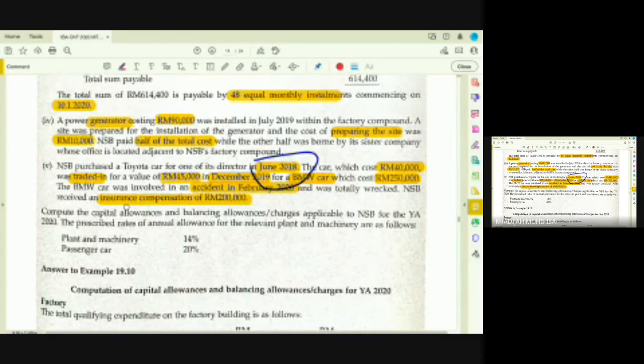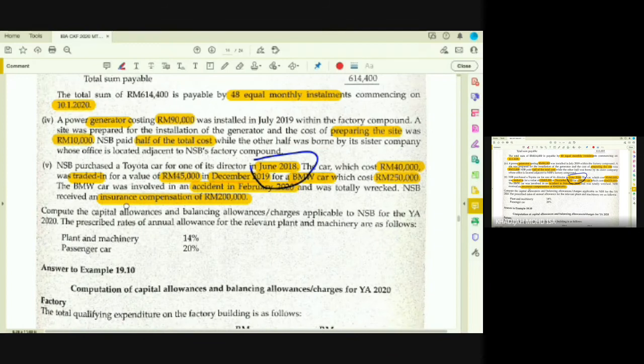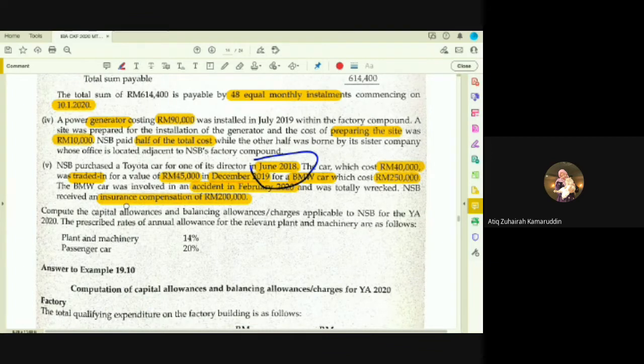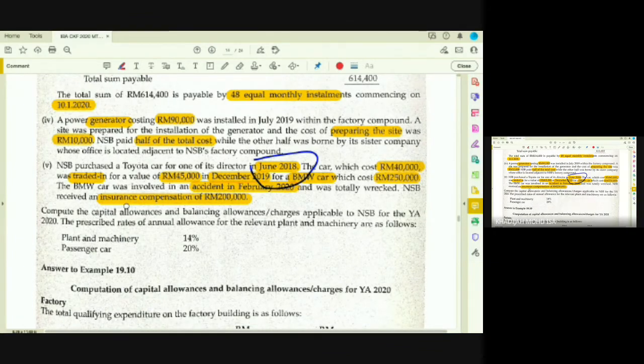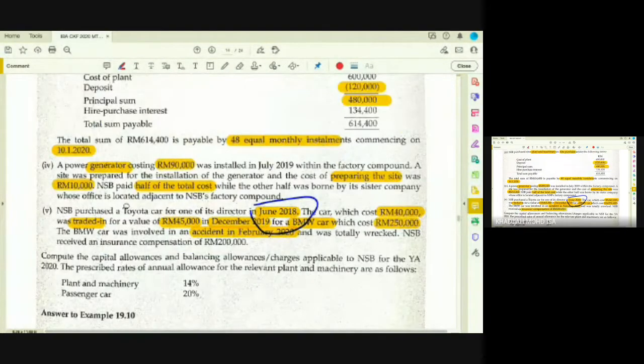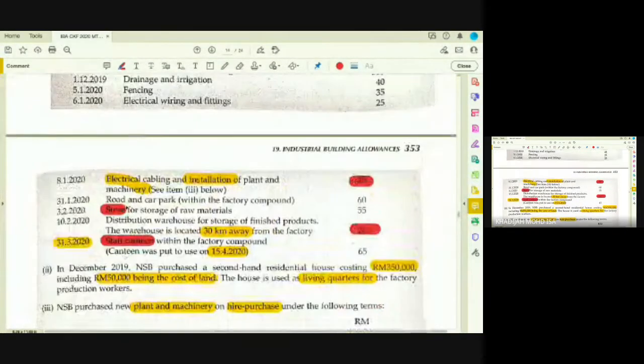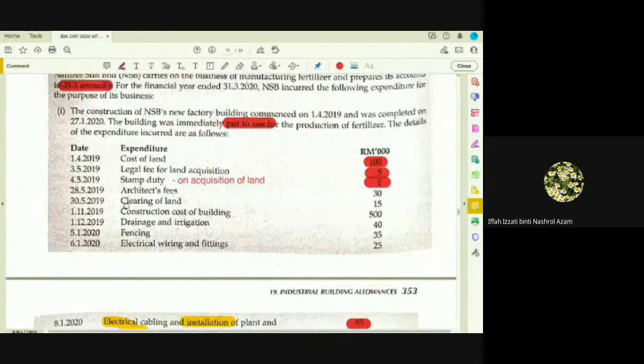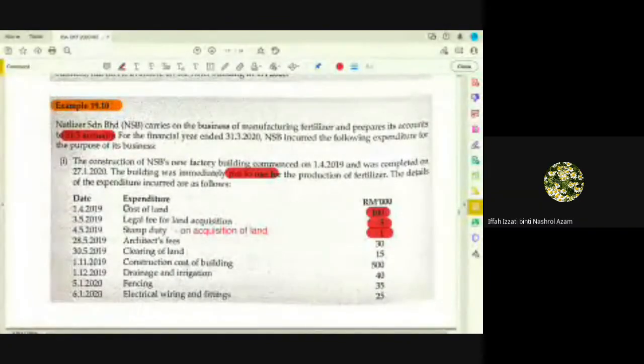And then you have a Toyota car that you bought in June 2018. June 2018, which YA? What is the year end of the company? 31st March.